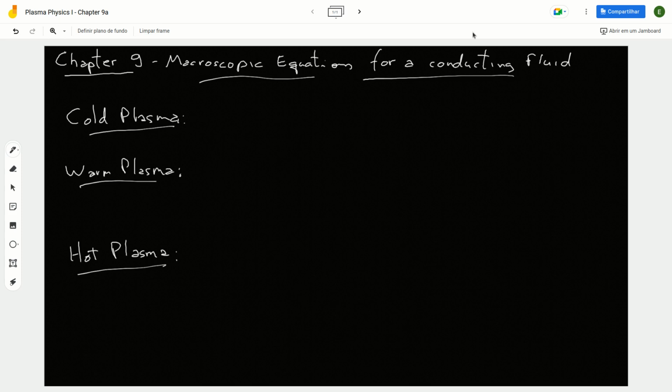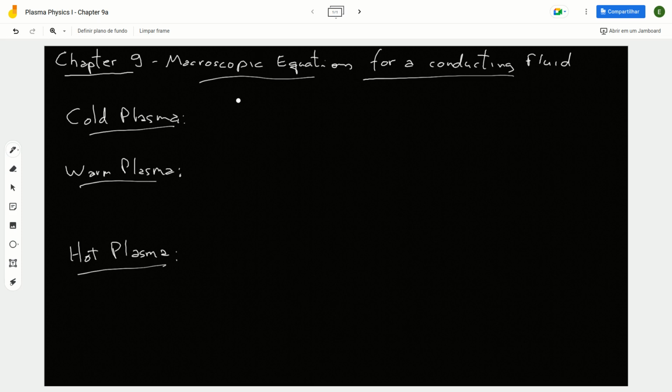So you're assuming that your pressure tensor is null. It's zero. There's no pressure, so the temperature is actually zero in your plasma. So it's a simplification, and this model is good to study electromagnetic waves in small amplitude with phase velocities much larger than thermal velocities.